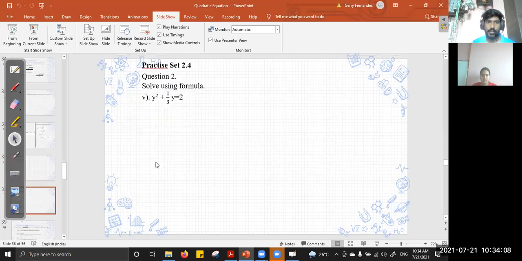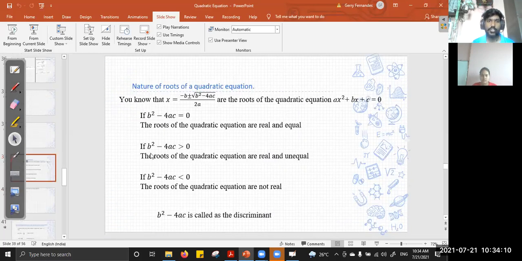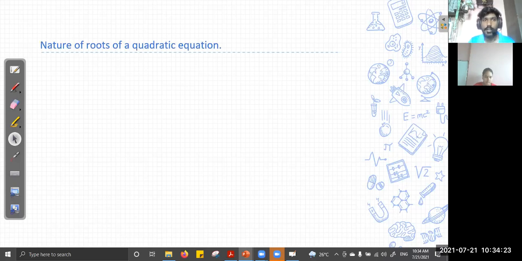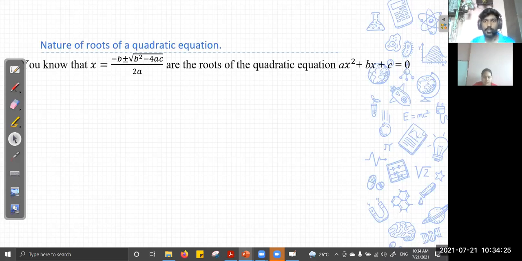Yeah, the entire chapter is done. Before doing that activity, understand this one thing, just one thing. Nature of roots. That is also done. No, page number 45.